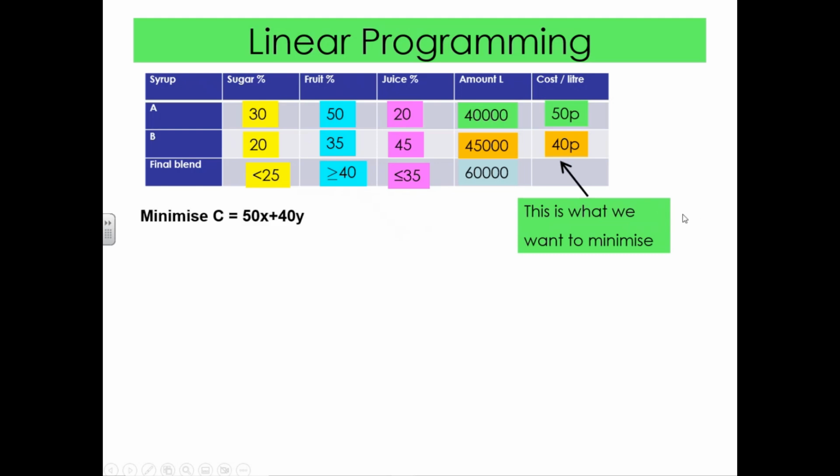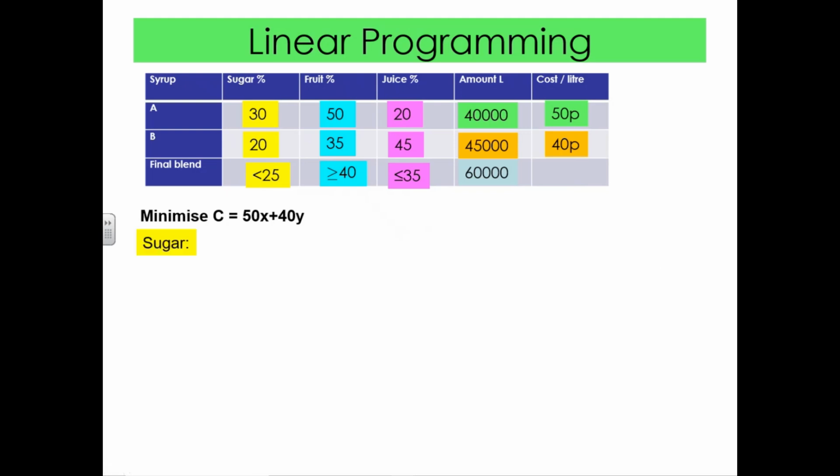Okay, so first thing to talk about is the objective function. So we're looking to minimize costs this time. So make sure you say minimize, make sure you get an expression for the cost. So it's going to be 50p times x. Did it say x in the question? Yeah, you've already had x and y defined for you in the question, so you don't need to do it.